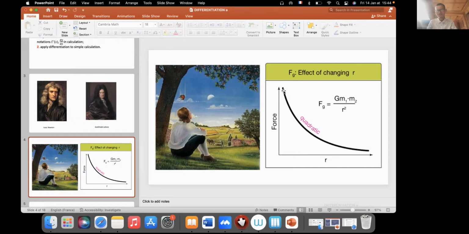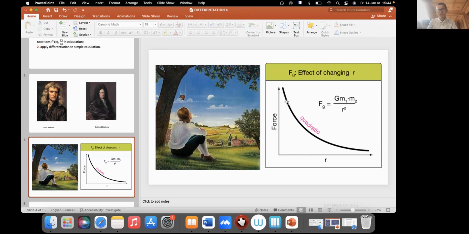As you can see from the graph, when the distance r increases, the gravitation decreases, right? Moreover, at different points, the gravitation changes differently with respect to r, the distance.